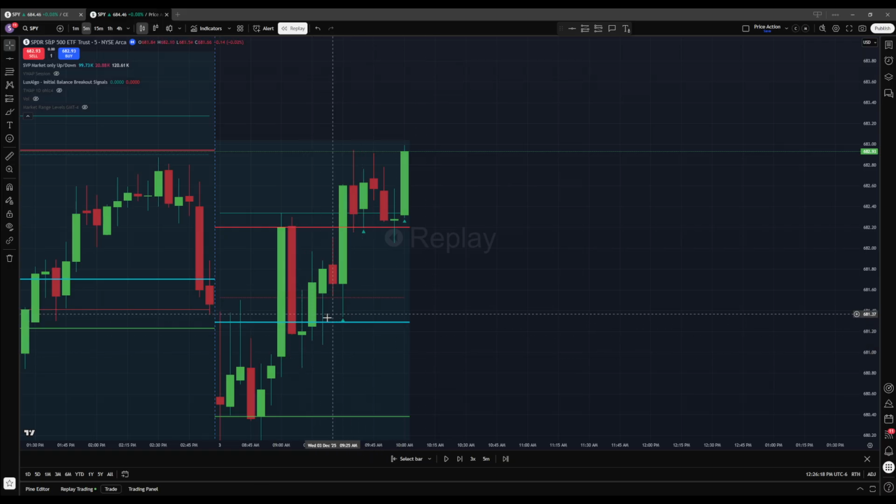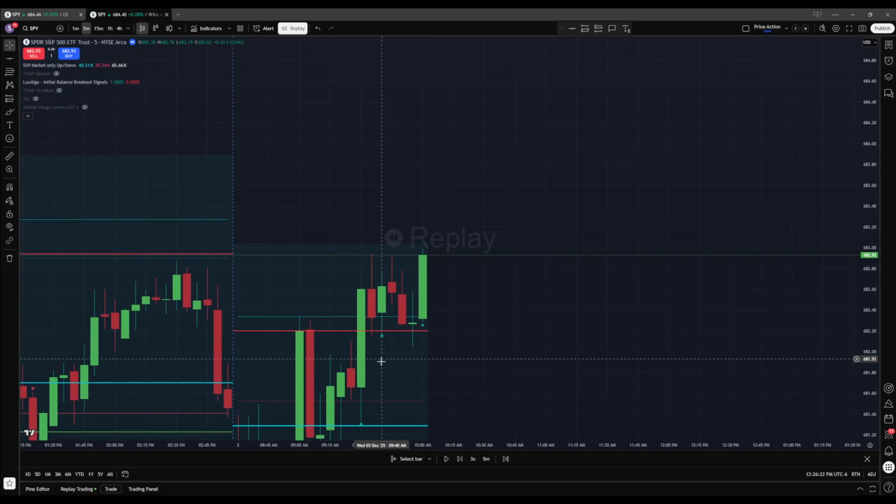All right, so what we're looking for here is continuation. So you can see we get it right here. In our first setup, we're looking for a close above the volume area high, which is this red line right here. We get it right here on this candle. Then we don't enter. We're not saying, okay, well, that's great, I'm getting in.